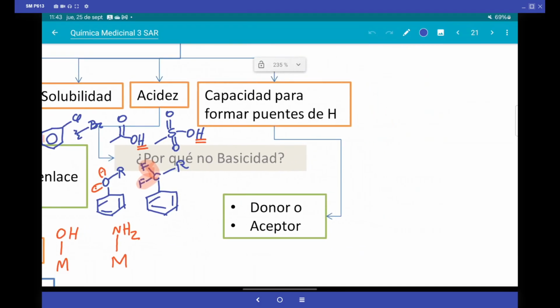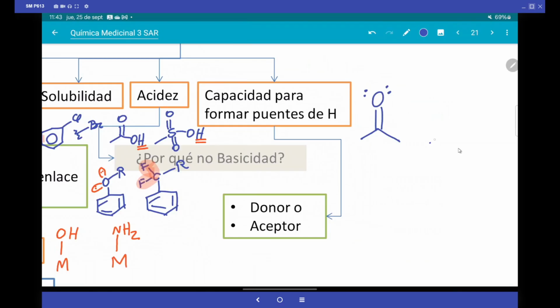And there is the capacity to form hydrogen bridges, which also allows us to generate an isostere. Let's take a very specific example we were just seeing. Say we have a carbonyl that can be a hydrogen bridge acceptor.